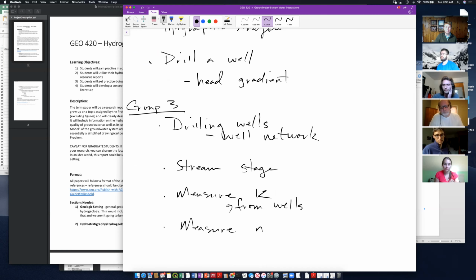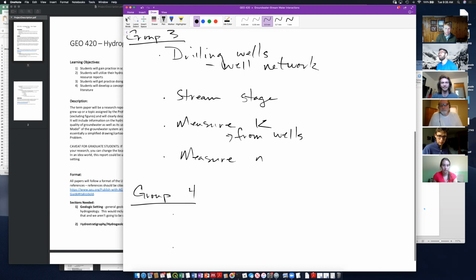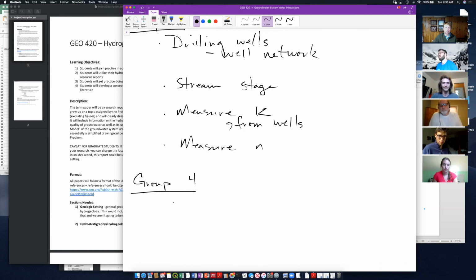All right, group 4. Since we're in the Missoula aquifer area, we knew we're in an alluvial floodplain, so we assumed the hydraulic conductivity is likely high enough. We also wanted to think about the temporal aspect, like is it spring, summer, fall, and what that may imply for gaining and losing reaches.